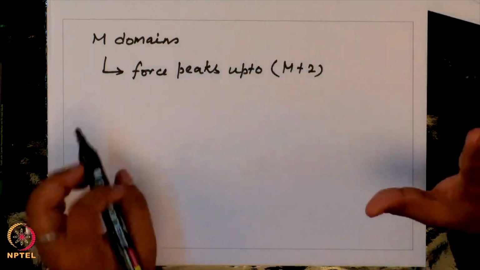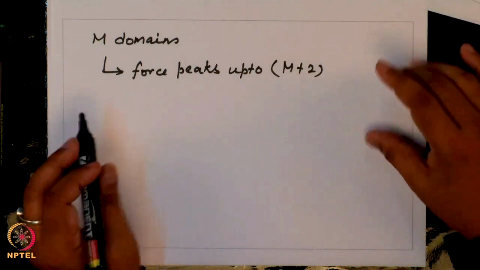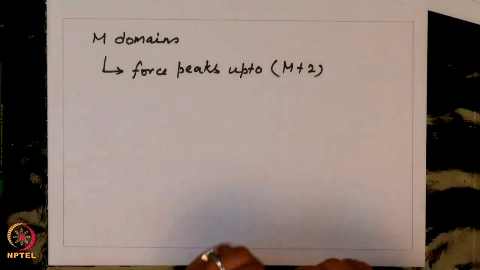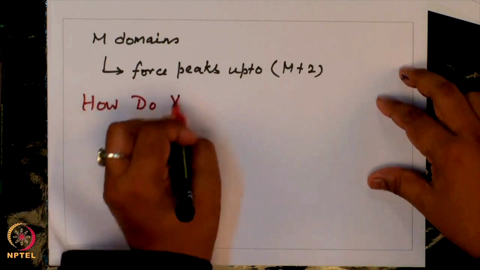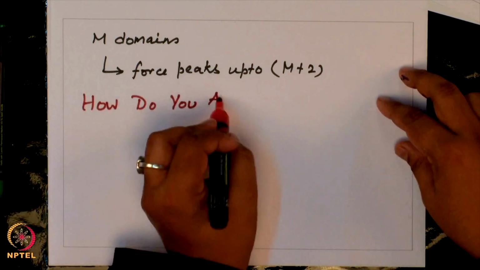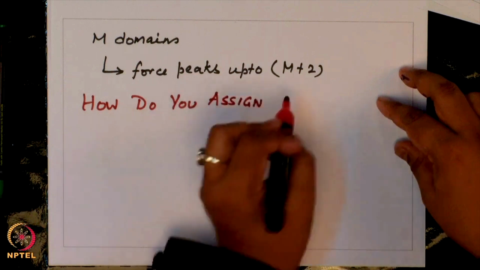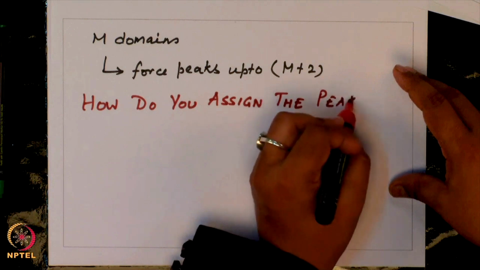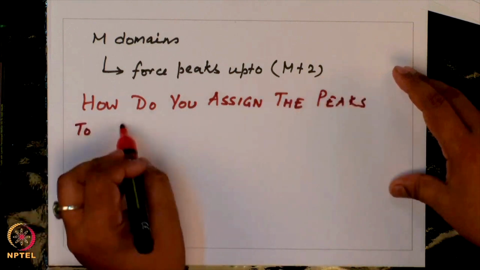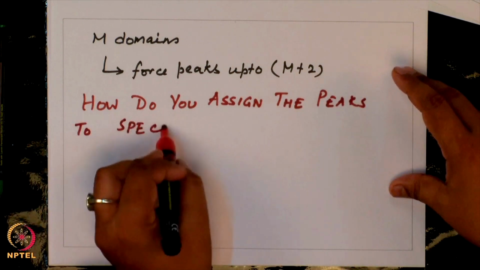So, you know that there are M peaks. Now the tricky part is how do you assign the peaks to specific domains.